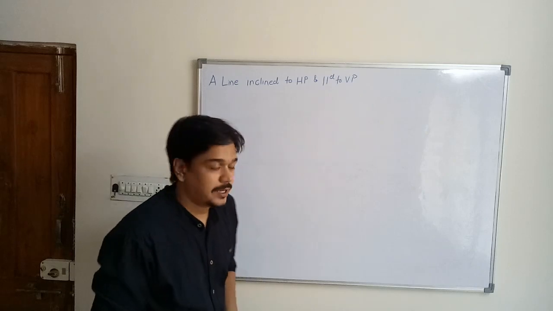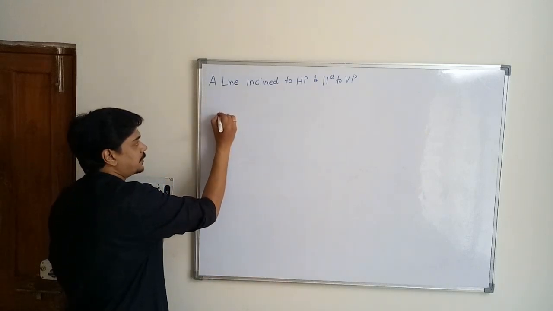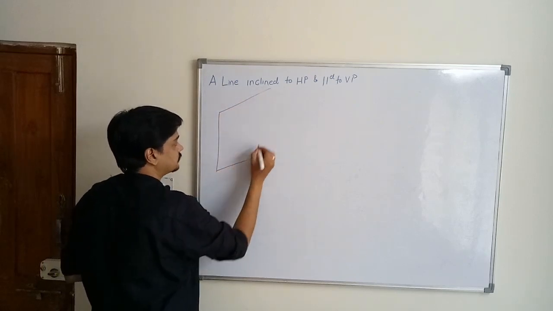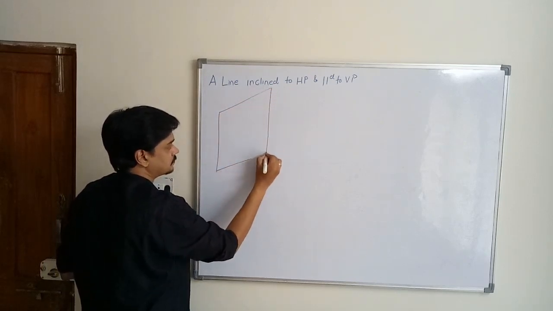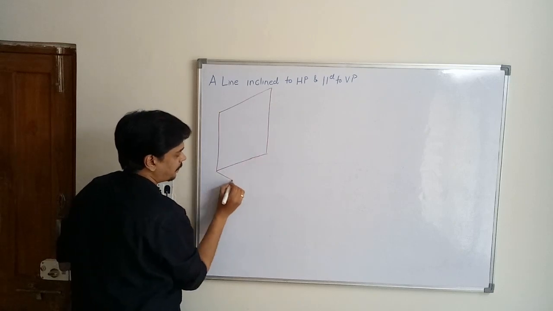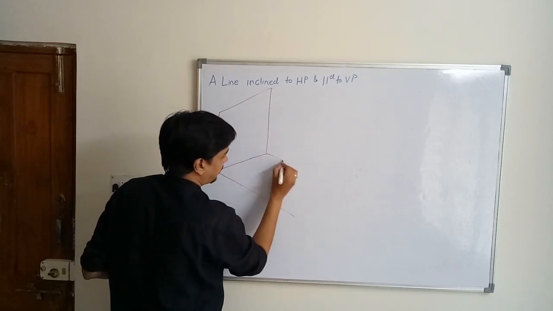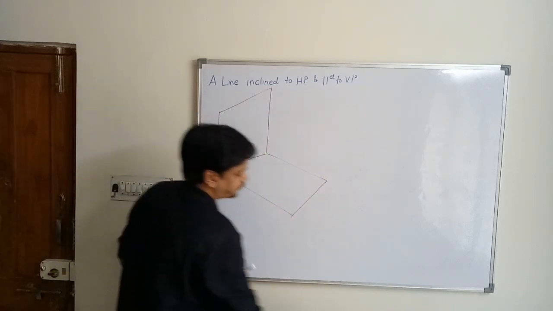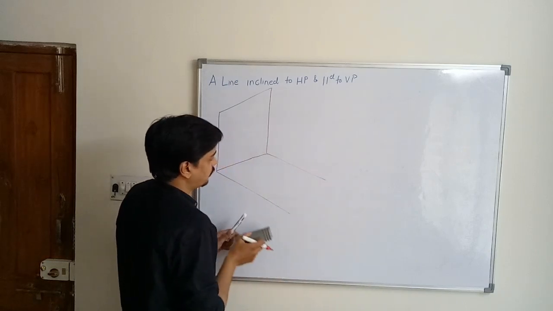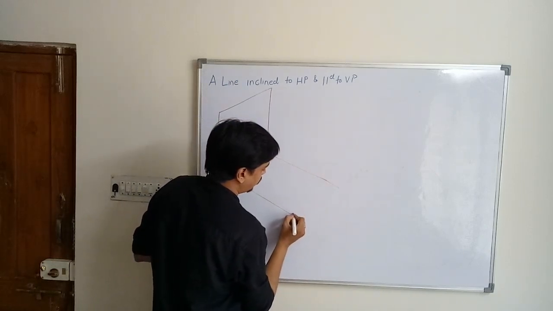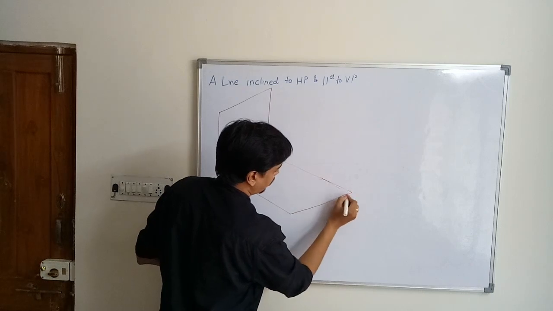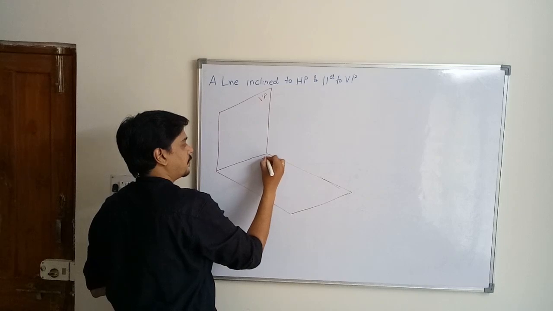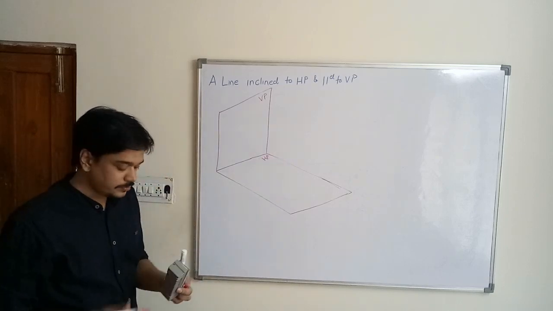Now since this is the first case of inclination, we will draw a three-dimensional diagram, that is HP and VP diagram. So this will be termed as vertical plane, this will be termed as horizontal plane.